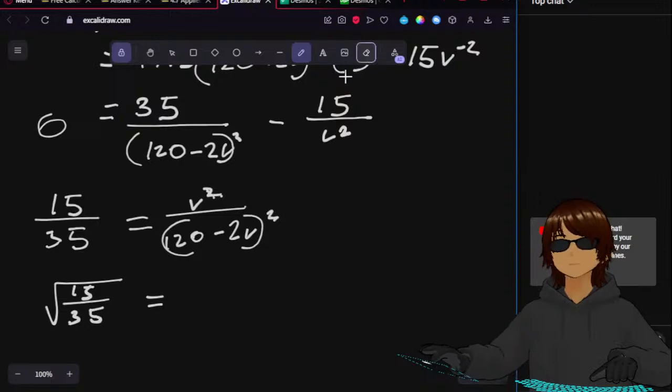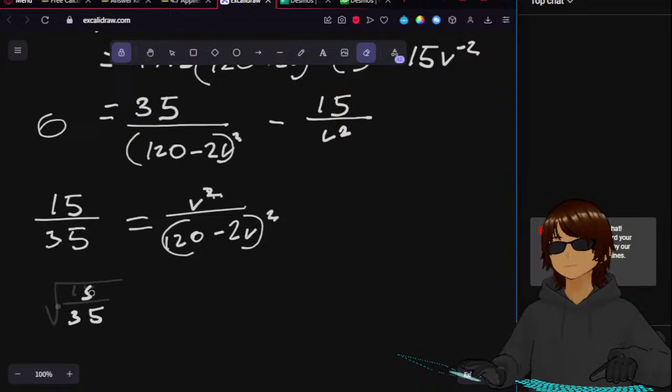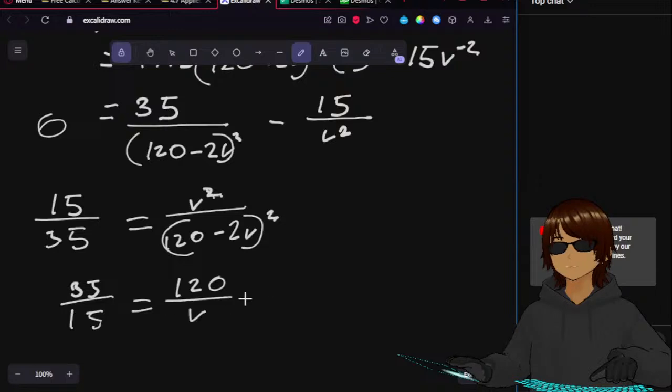Wait, I think I have a better idea. I should do 35 over 15. This is equal to 120 over v minus 2. Nope, that's wrong.